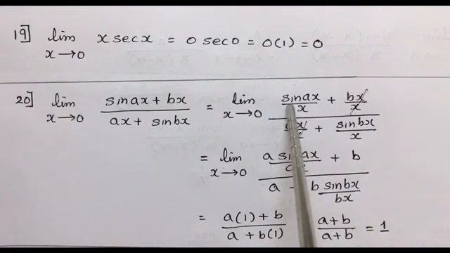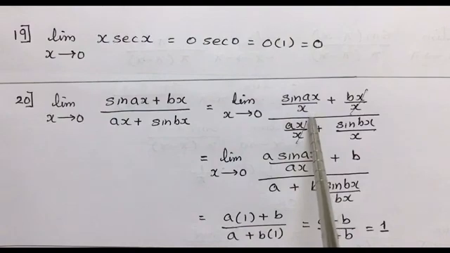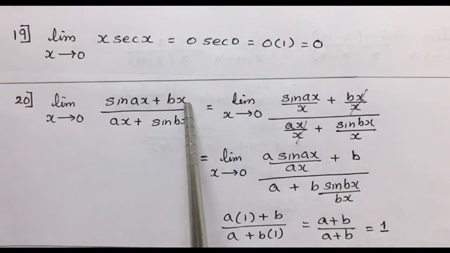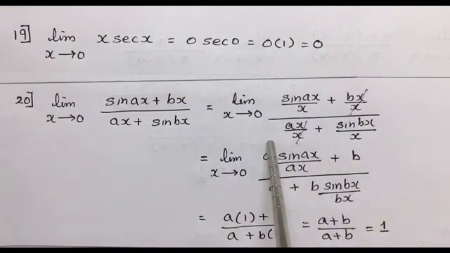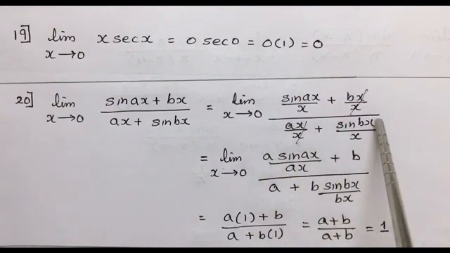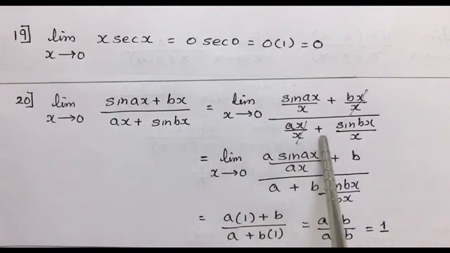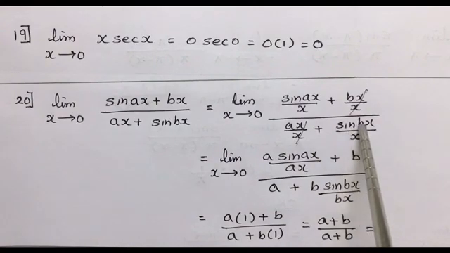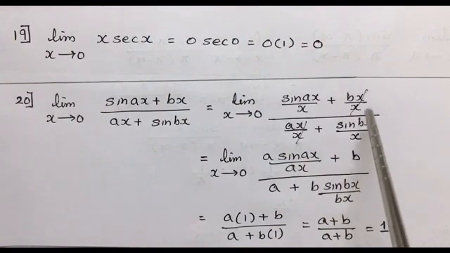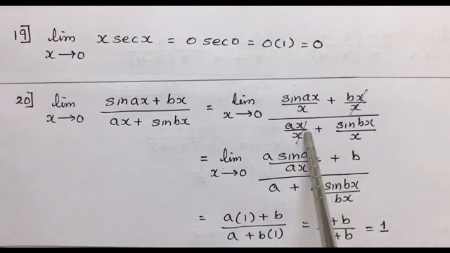So the first term becomes here as sin ax by x plus bx divided by x, whole divided by ax upon x plus sin bx upon x. x and x get cancelled.